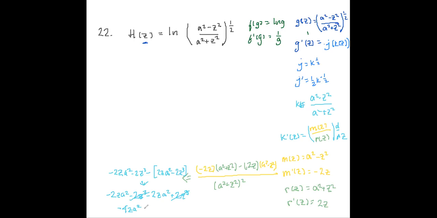Okie doke. All right. So this will give us k prime of z is equal to minus 4z a squared, and that is going to be over, I don't think that will help, so I'm going to leave it as a squared plus z squared squared.